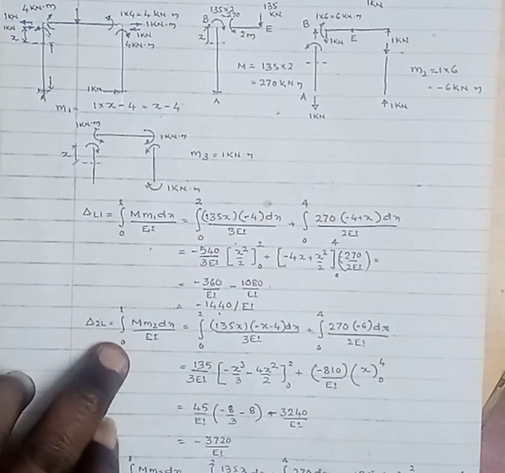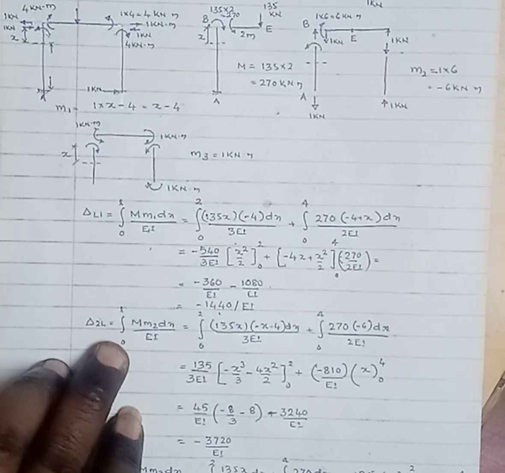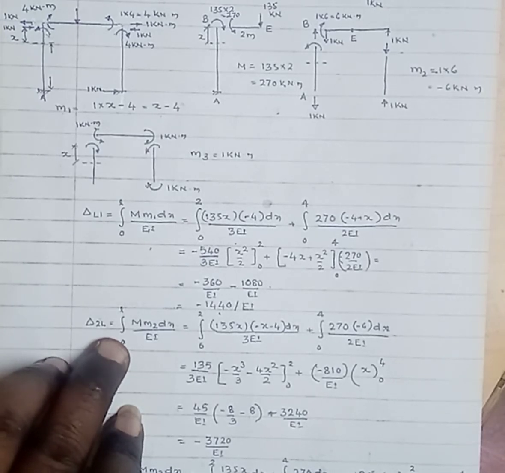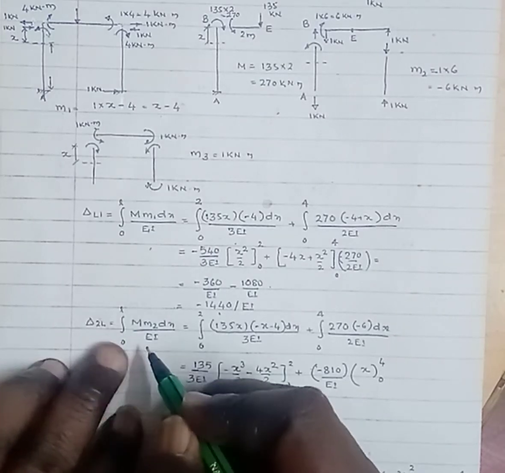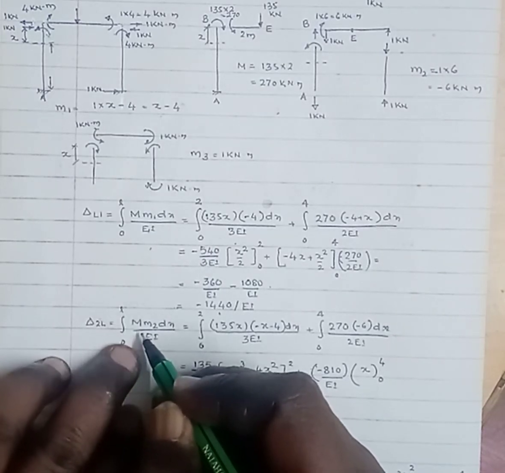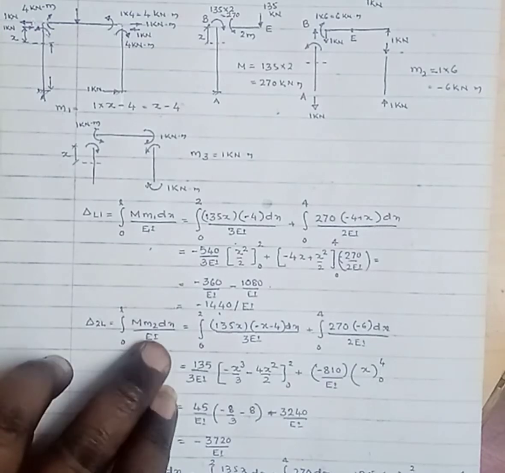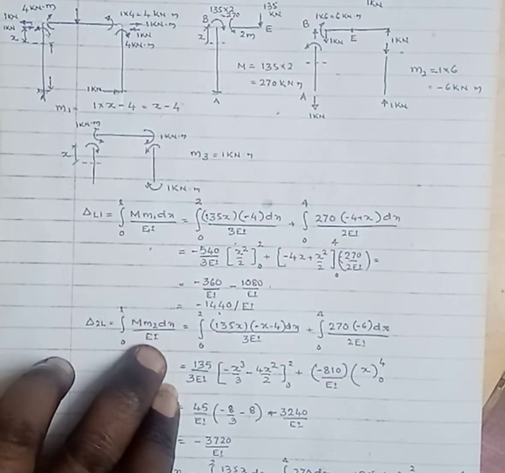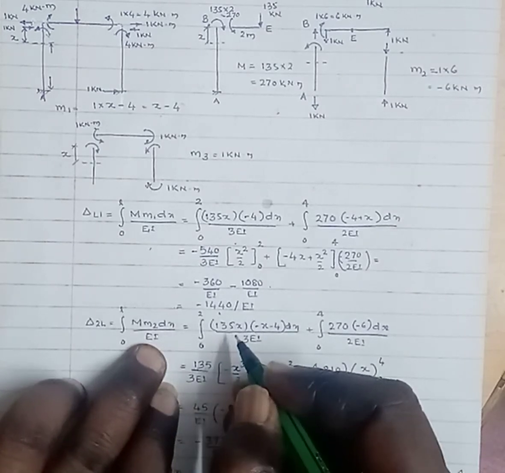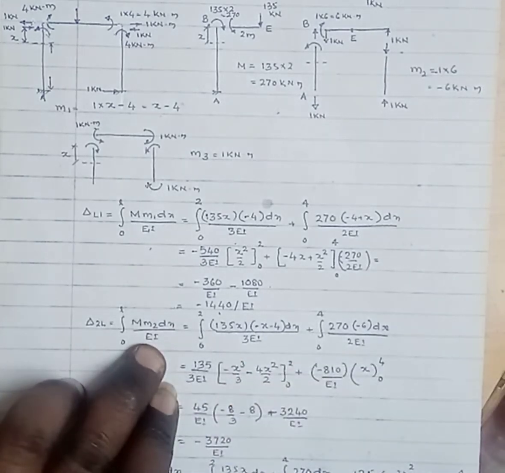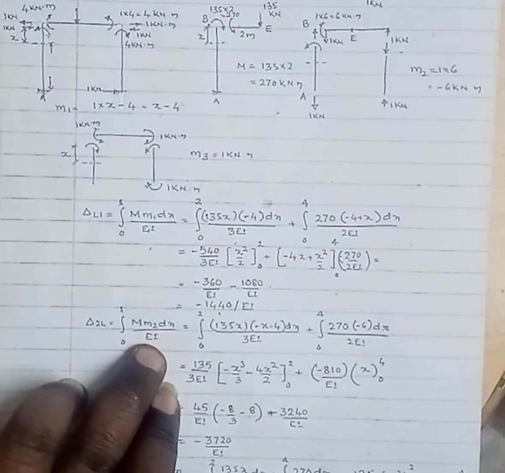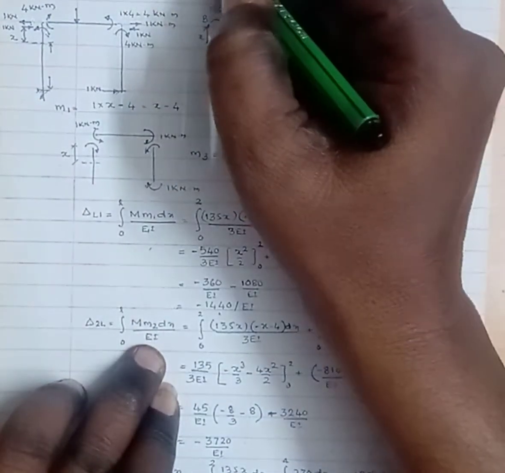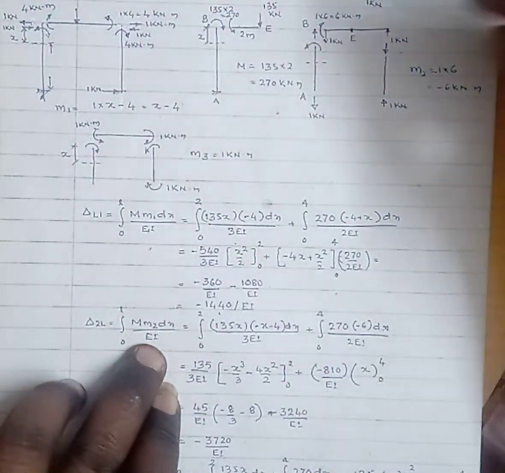Then similarly, delta 2L. Delta 2L is displacement at 2 due to the applied load in the coordinate direction 2. That one is the integral of m into m2, where m is the bending moment due to the applied load, m2 is the bending moment due to the unit load applied in the coordinate direction 2. Then here in portion C to D and C to E, no applied loads.